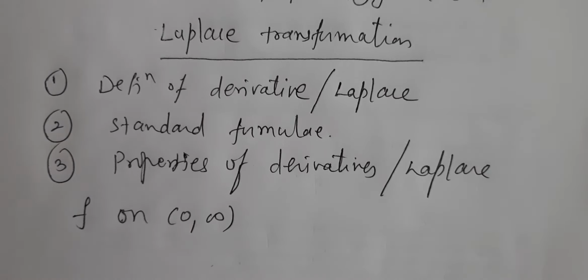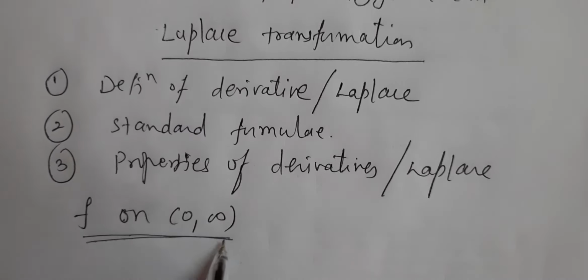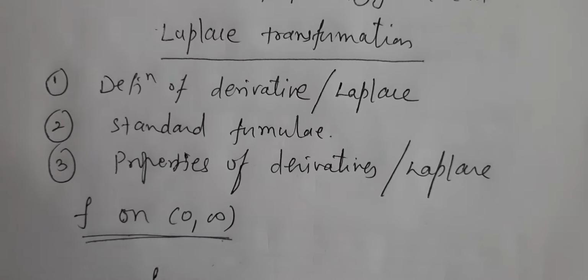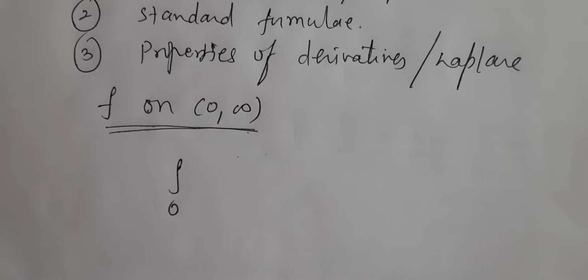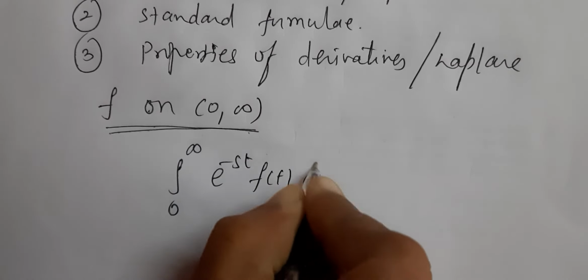Those are called two-sided Laplace transformations, and this one, 0 to infinity, is the one-sided Laplace transformation. So what we are going to learn is the one-sided Laplace transformation. Here we have f defined on 0 to infinity. In this case, I will have the integration from 0 to infinity of e raised to minus st f(t) dt.